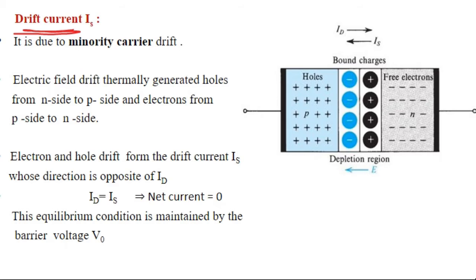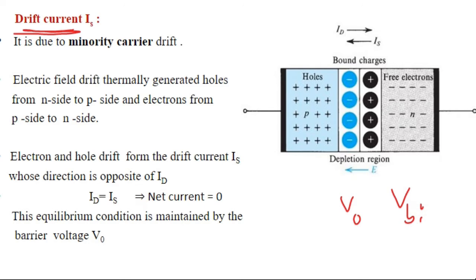It gave rise to the drift current. We know in the individual sections of p-type and n-type that drift current is formed because of the potential, or when we are supplying energy to the p-type or n-type semiconductor. Here the energy is provided by the built-in voltage, that is V0, also known as VBI.